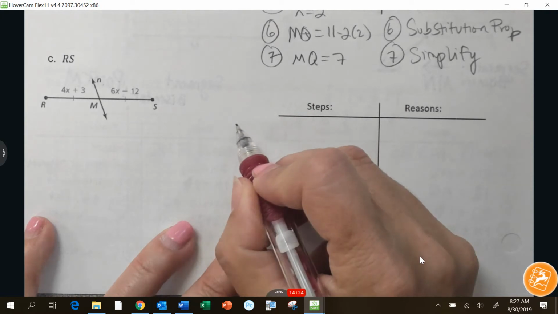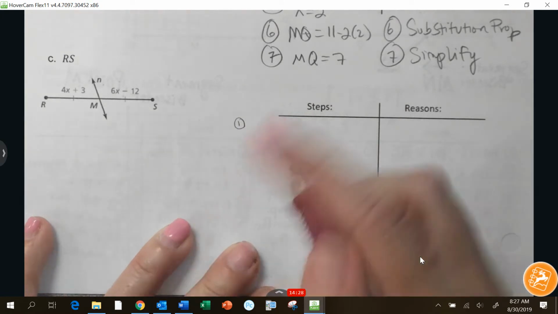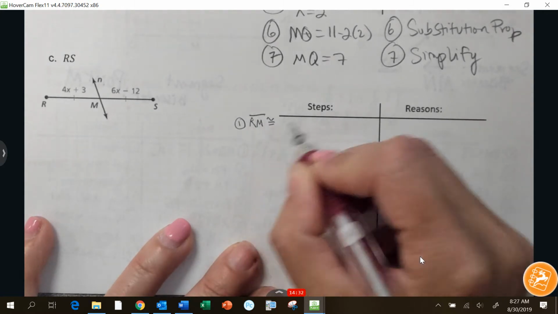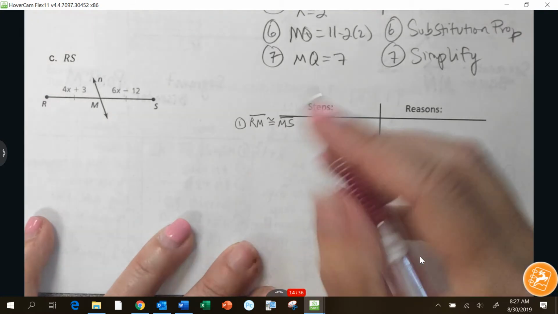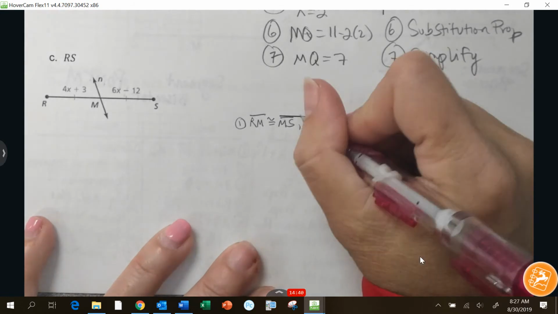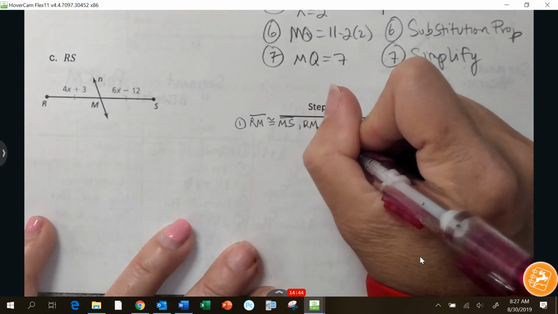Okay. Well, to begin with, RM and MS, they are both congruent. Okay. So I'm going to write those as segments with the congruent symbol, meaning they have that line above it. And then what else? For RM, it is 4x plus 3.